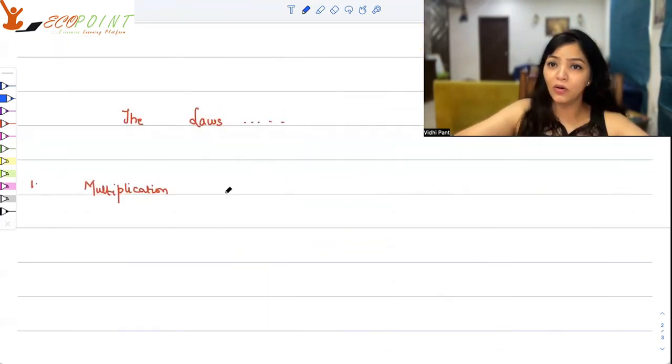Let's look at certain laws associated with the logarithm function. First of all, multiplication. So writing x multiplied by y, that is xy.